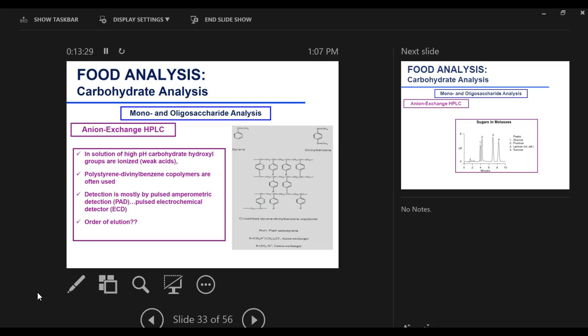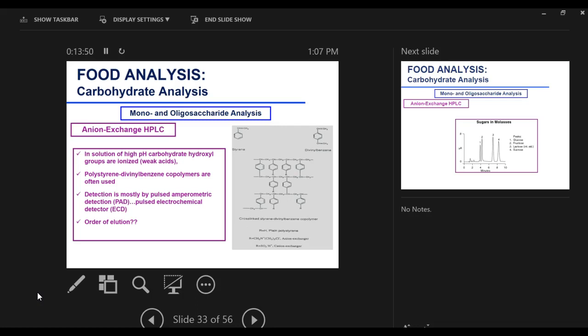At very high pH, they can get ionized. That means they can give you their proton and become negatively charged. Because we say that sugars are very, very weak acids. So at really high pH, alkaline pH, you can drive them to be negatively charged.